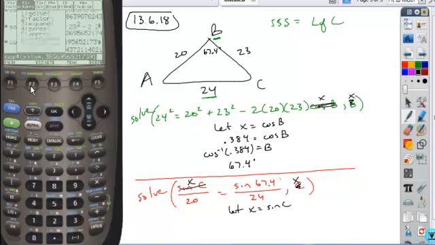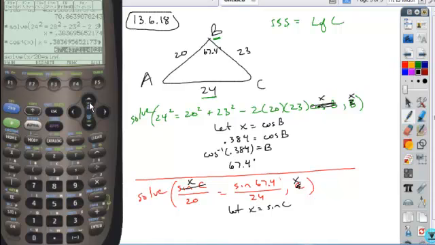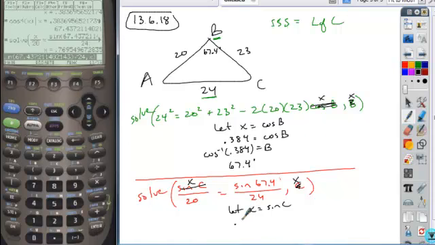And we'll solve. So F2 algebra tab, x over 20, set that equal to the sine of the angle that we just found, divided by 24, and we're solving for x. Again, I get a decimal value between -1 and 1, which is what I was expecting.